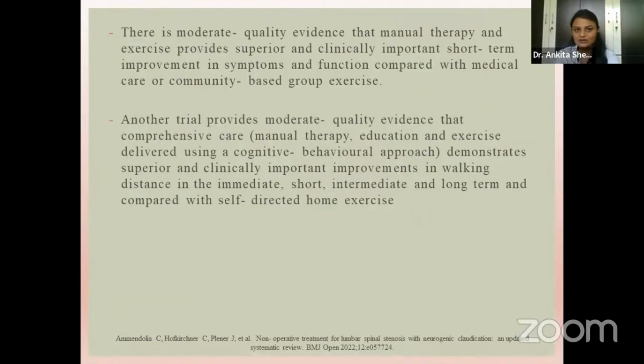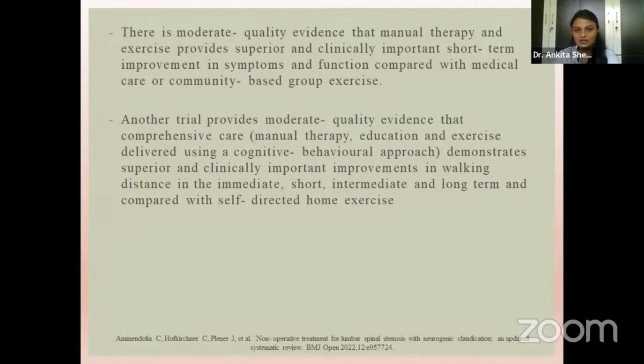The inference of this study was that a moderate quality of evidence was seen for manual therapy and exercise. It provided superior and clinically important short-term improvements in symptoms and function when compared with medical care or community-based group exercise.